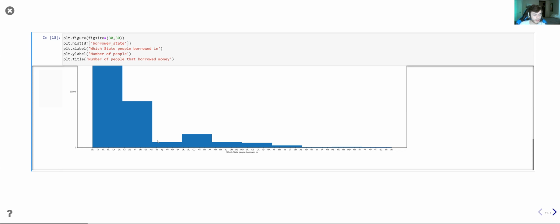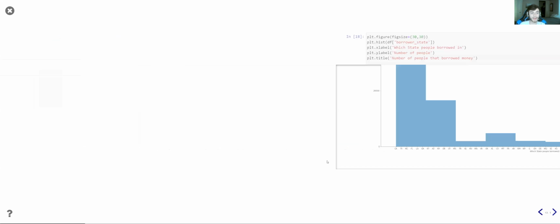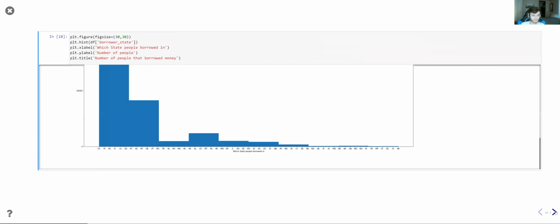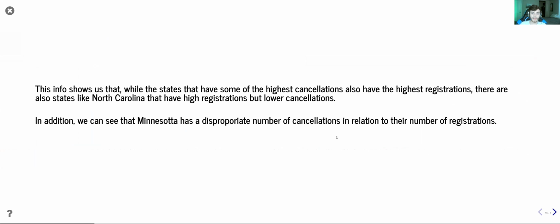In addition, we want to check out Minnesota, a lower bracket of development in terms of number of total registrations, while at the same time having a higher level than most other states on cancellations. So that, again, speaks to the fact that state may not be as reliable as other ones. And in addition, North Carolina has high registrations but low cancellations. So that makes another good state like California to share to.